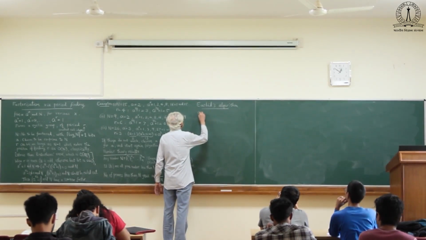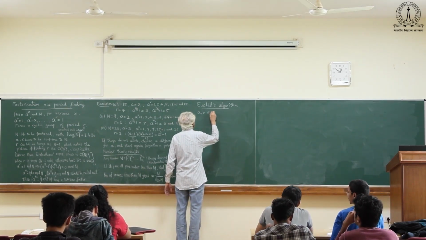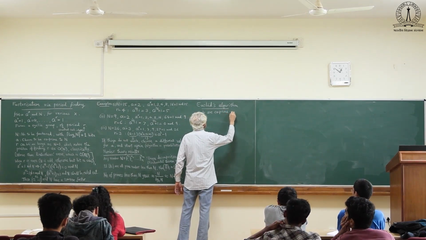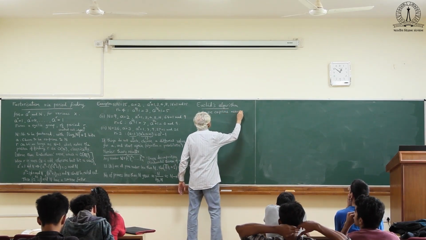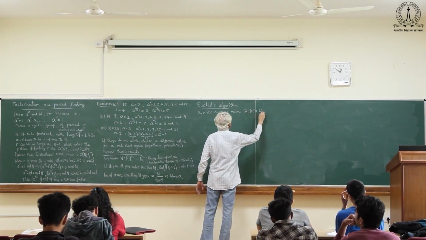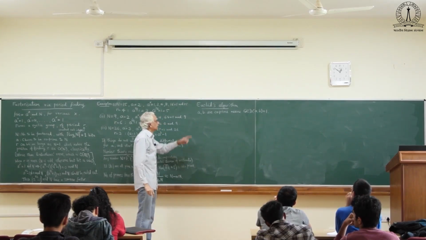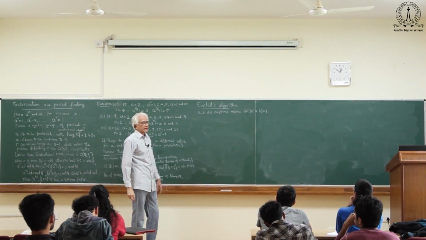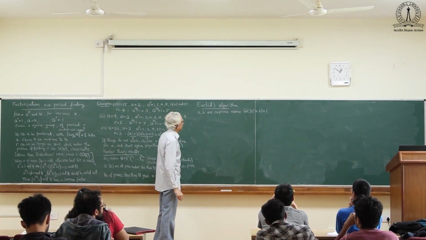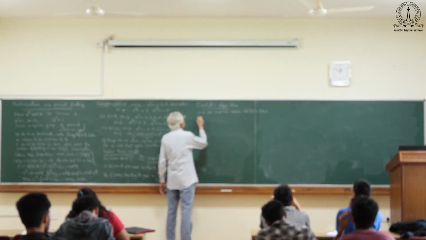That A and B are co-prime means GCD of A and B is equal to 1. But how do you find GCD? The algorithm is fairly simple.